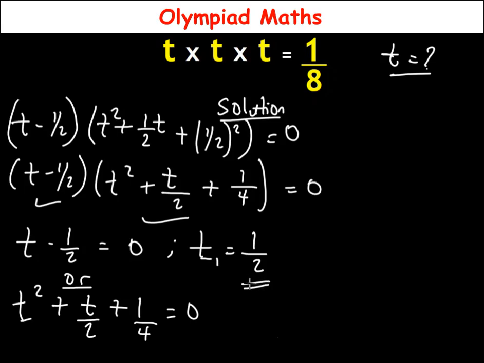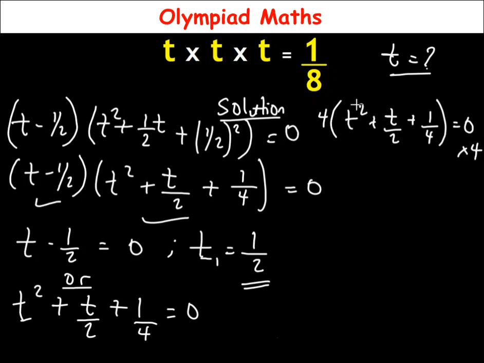Okay, so with this, let's get the other values of t from this quadratic equation. We have t squared plus t over 2 plus 1 over 4 is equal to 0. The first thing is that we multiply both sides of the equation, left and right, by 4. We're going to have 4 in brackets t squared plus t over 2 plus 1 over 4 is equal to 0 times 4.